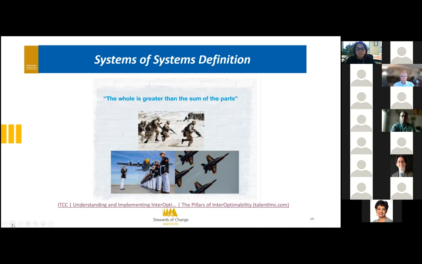That idea of the whole being greater than the sum of the parts is really the foundation of this work in many ways. How do we design that, especially since none of the federal FOAs really do that? Very few states really push for that kind of interoperability and that whole systems approach.